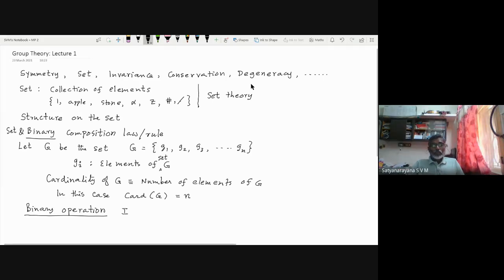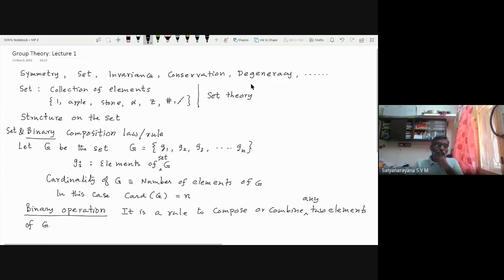It is a rule to compose or combine two elements, any two elements of G. Okay, you are giving a rule to combine any two elements of G. Okay, so that is what is called a binary operation.